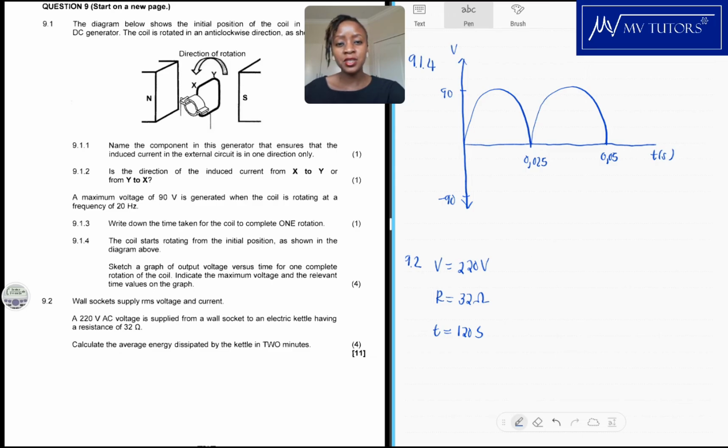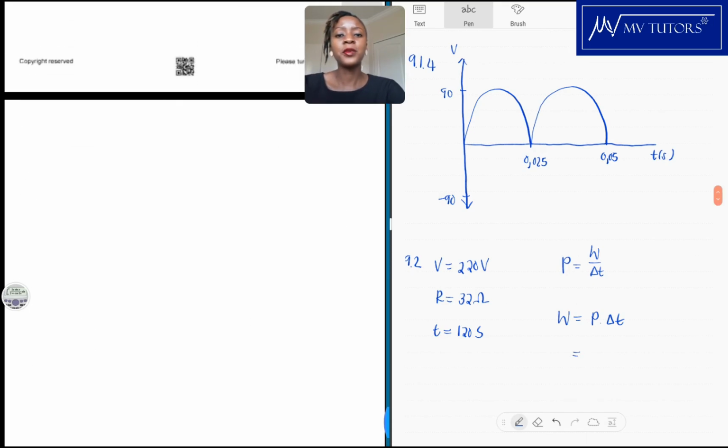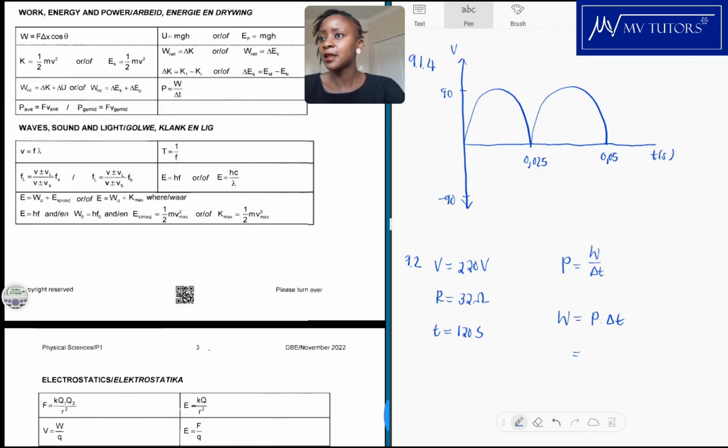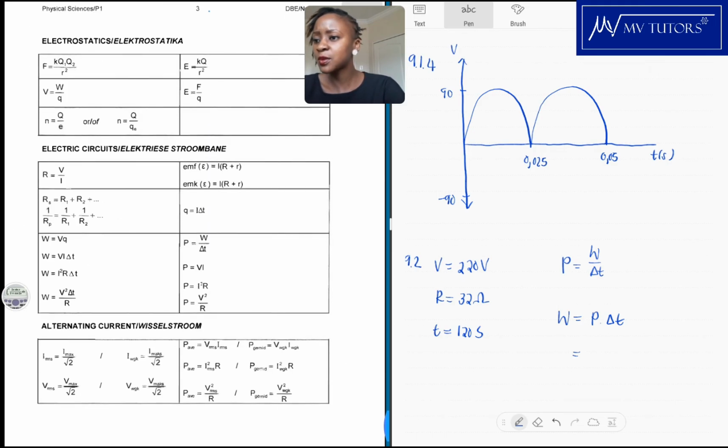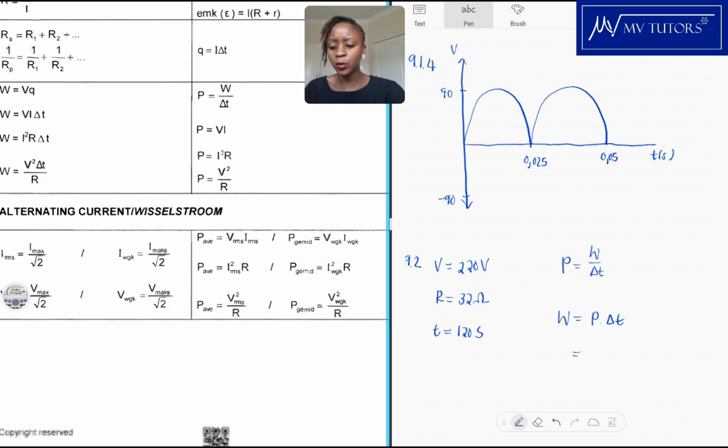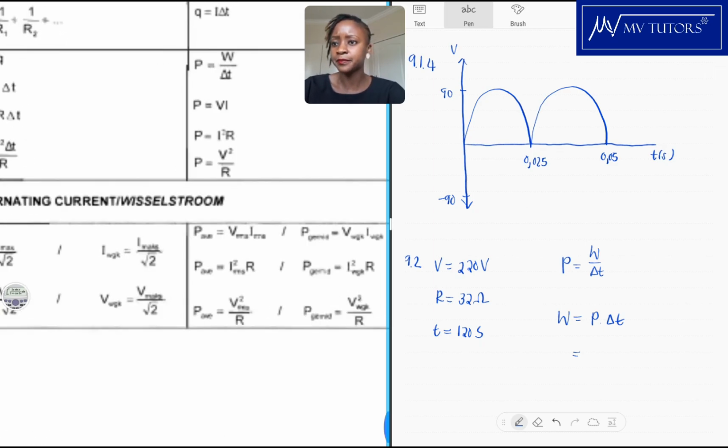And we are looking for the energy dissipated. Remember that power is equal to the work done over a certain time. Okay, so work is measured in joules, that is energy. So now work is equal to power times time. Okay, so now we're going to look at our formula sheet and see the formulas we have for power. And what information do we have exactly?